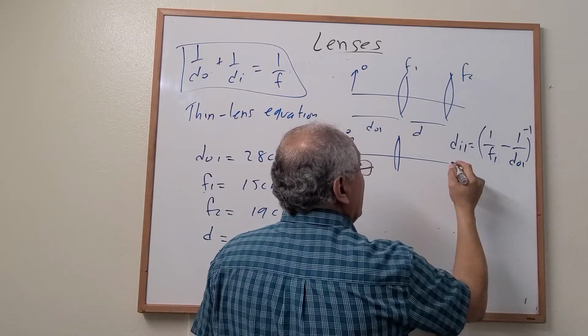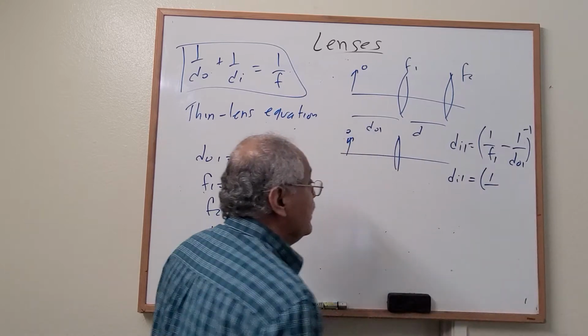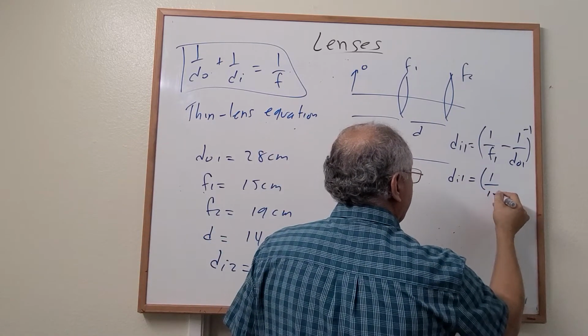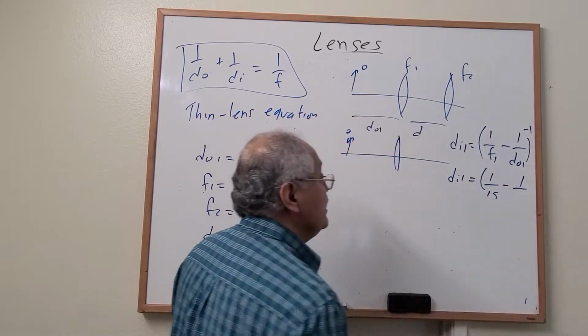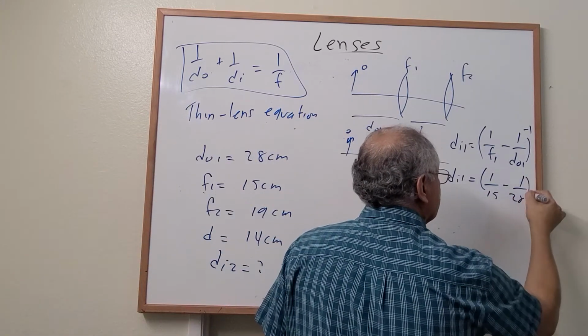When we substitute the values, di1 equals 1 over 15 minus 1 over 28, inverse.